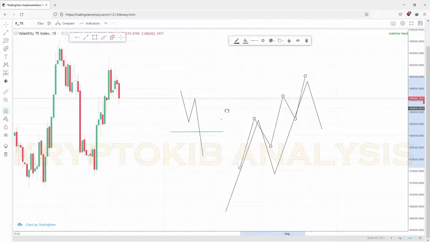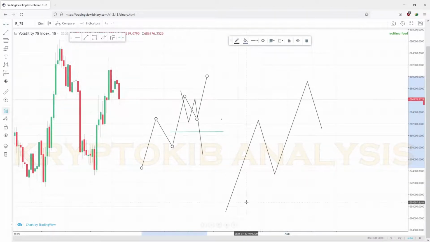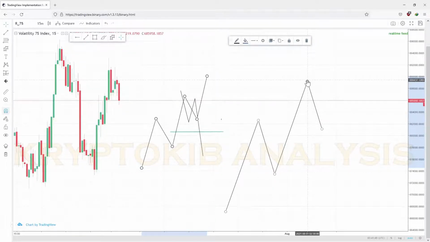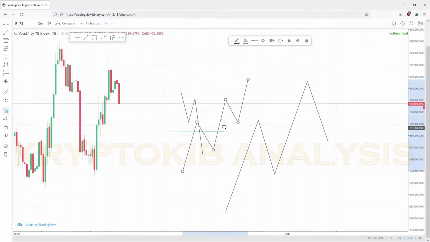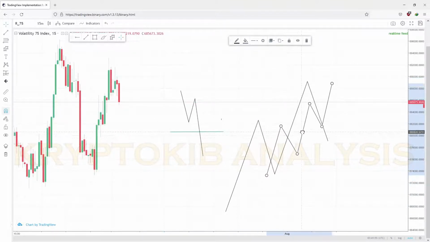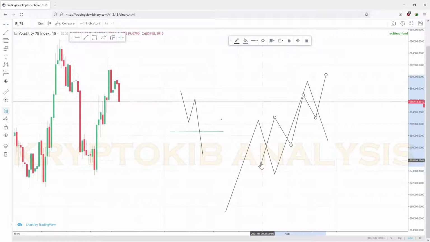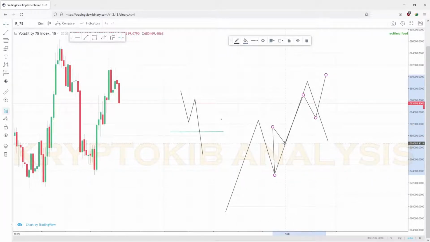I'm placing this here and not here, because I want us to be sure that we're in a bullish trend. So we have this low to this high, to this higher low, to this higher high. So our expectation is a new higher low, and we expect a higher high. So this comes here like this. We have this low, and this is our 1 hour time frame where we have these multiple waves.